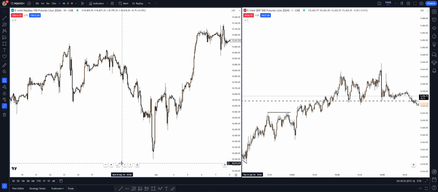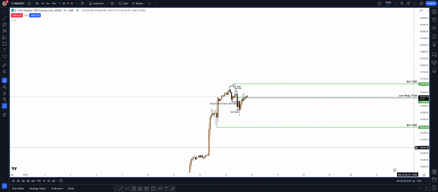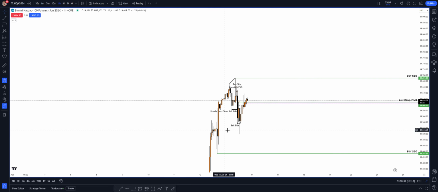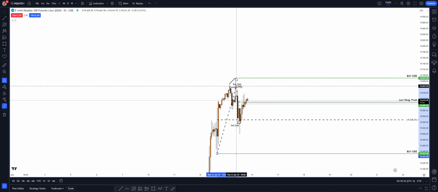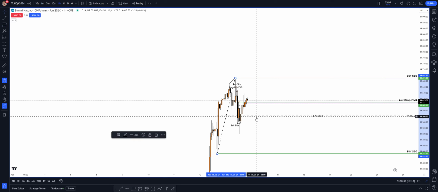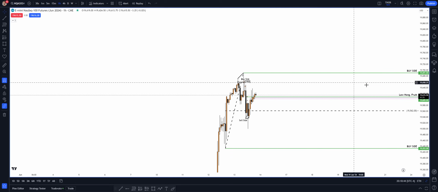Now going to tomorrow, here's what I'm looking at. It's very simple. I'm going to say one thing only. Because this is the second leg, on the 1 hour chart, I'm actually expecting the all-time high tomorrow, or at least it should try to go there, which is 691.